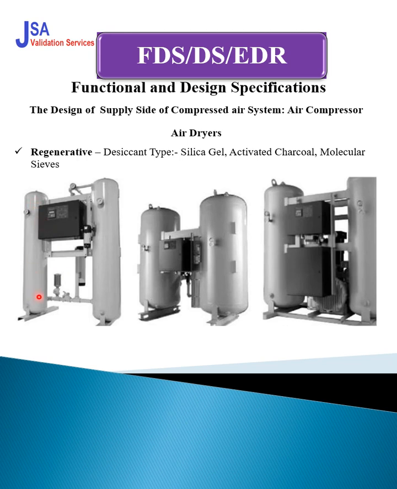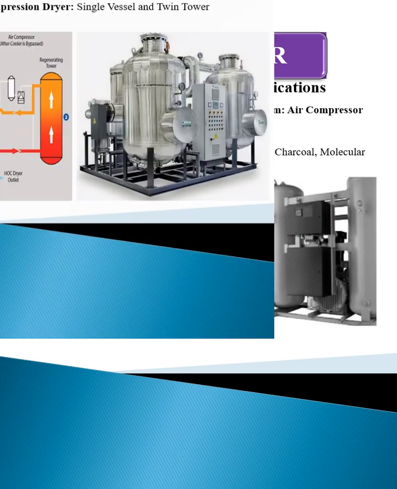So it will get dry until it is used, then it will switch to this side, and a small amount of air will be used for regeneration of this one, then exhausted. This way, 5 minutes this, 5 minutes this, they work alternately. So these are called the regenerative air dryers.